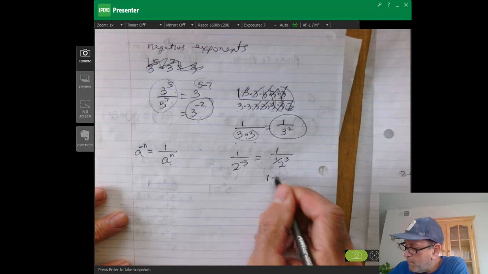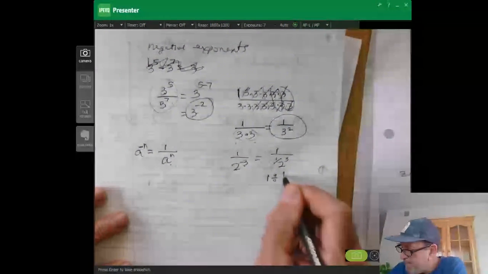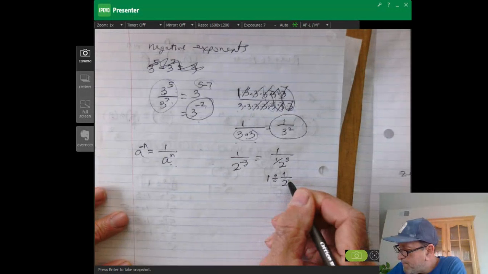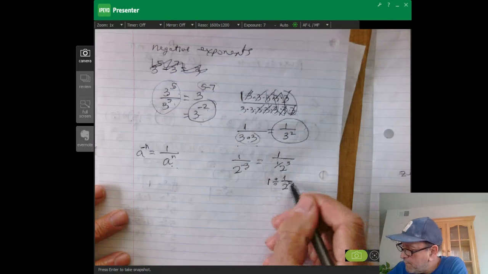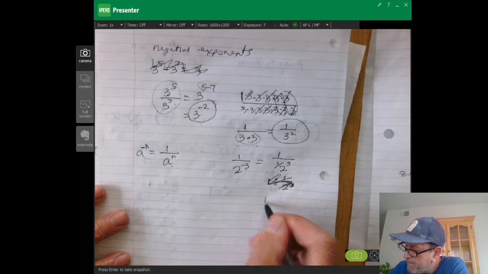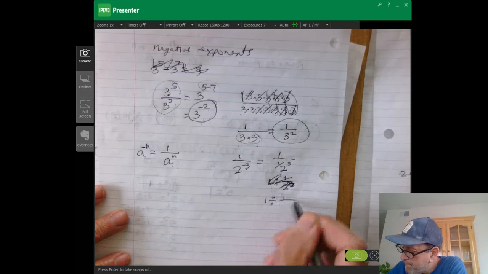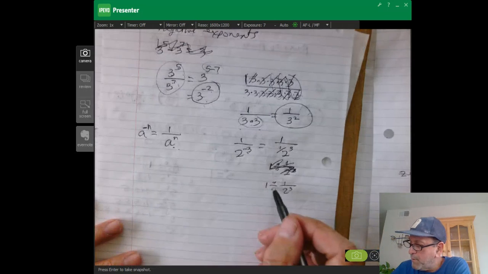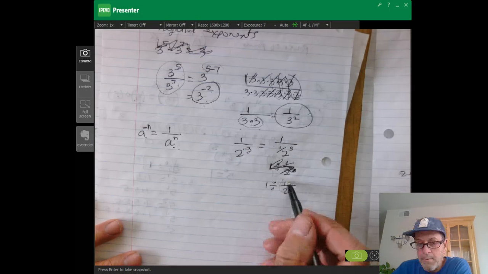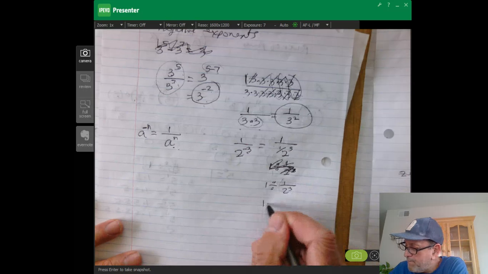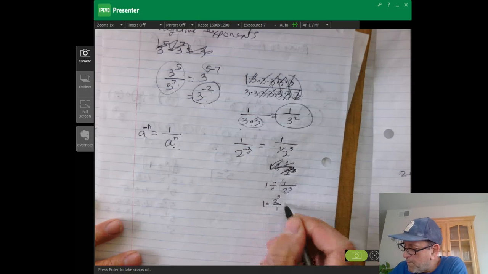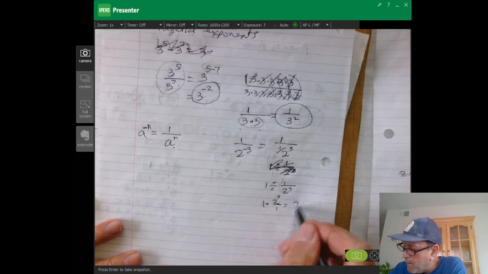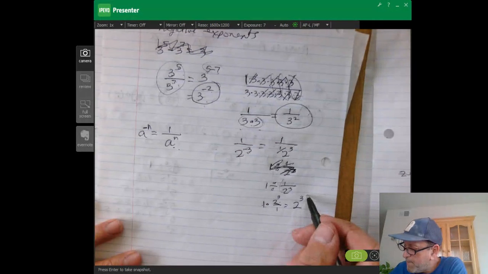So when you divide, you can flip this, invert it, and then multiply. So 1 times 2 to the 3rd power is just 2 to the 3rd.